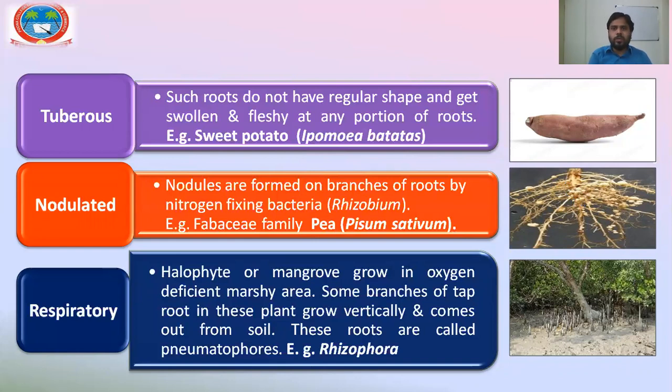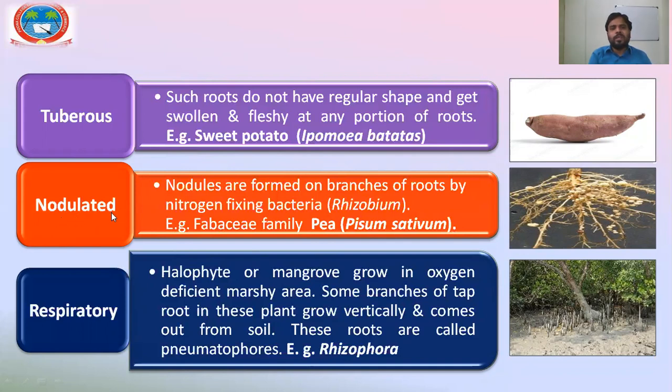In these nodules, a bacterium called Rhizobium is present, which is responsible for biological nitrogen fixation. Such nodules are present on the roots, and this form of root is called a nodulated root.